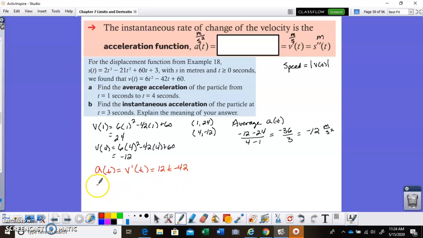And then if I'm looking for instantaneous acceleration, I'm going to substitute in the time they give me, which is 3. So that's going to be 12 times 3 minus 42.